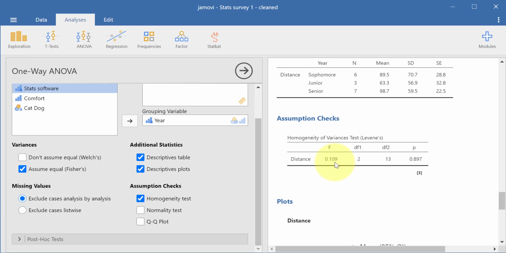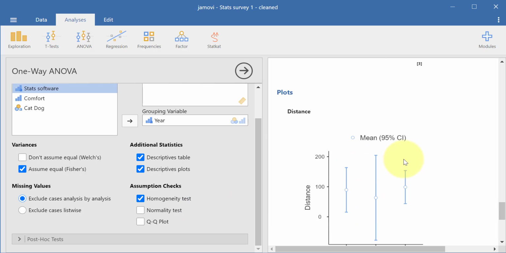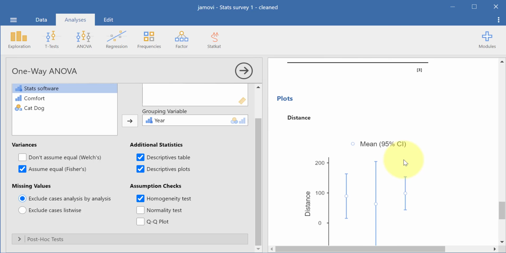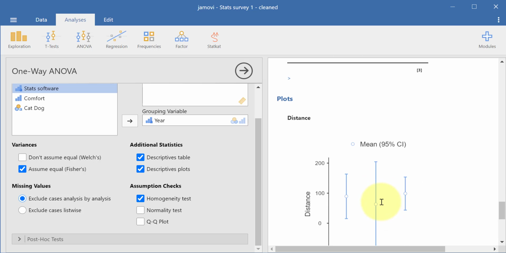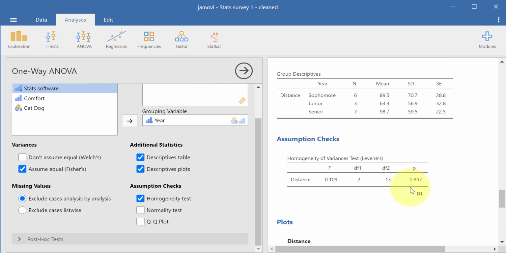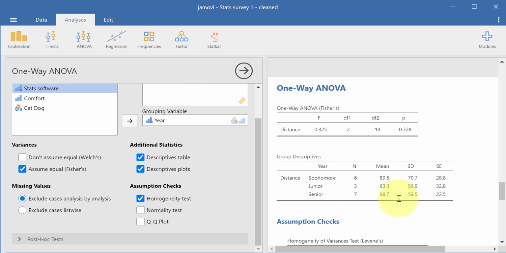Here, we actually want to have a high p-value, because if we have a low p-value, then that means that these are not the same level of variance. But here it's saying that we do have similar levels of variance. So that is your one-way ANOVA. Again, key things that you want to look at are your p-values.